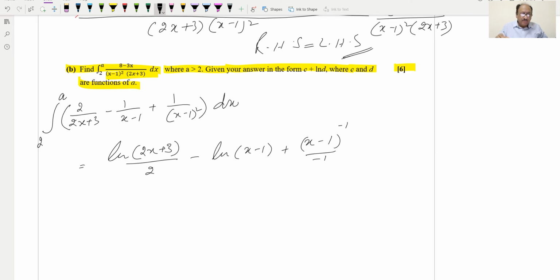Power will be this one. And this will be from 2 to a, the integral limits, which we also write.